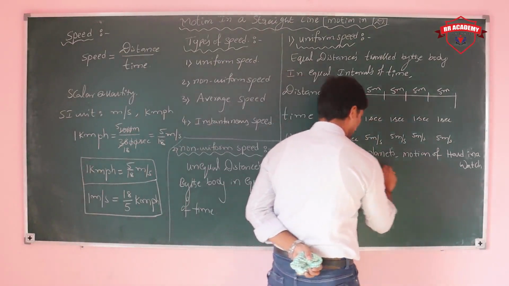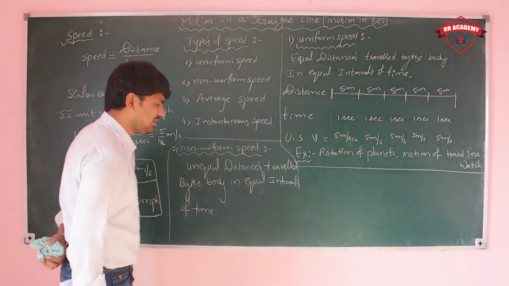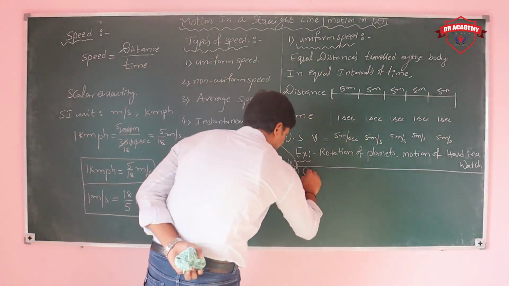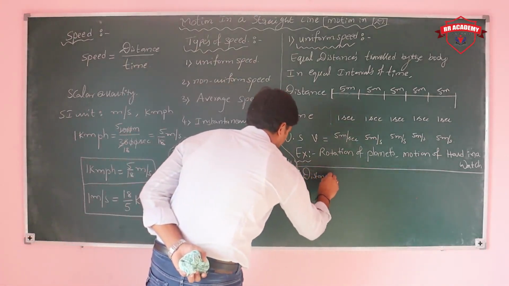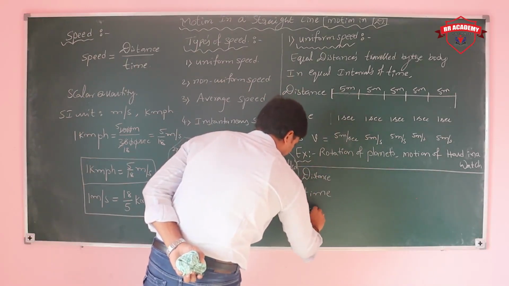So let's see one example in non-uniform speed. Consider a person who travels a distance, with time and speed.